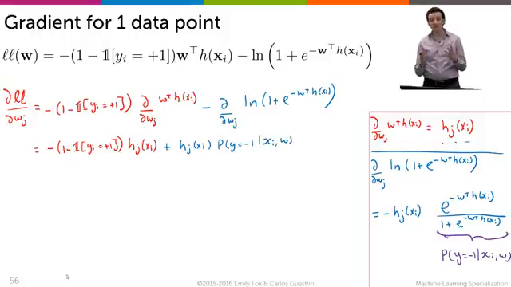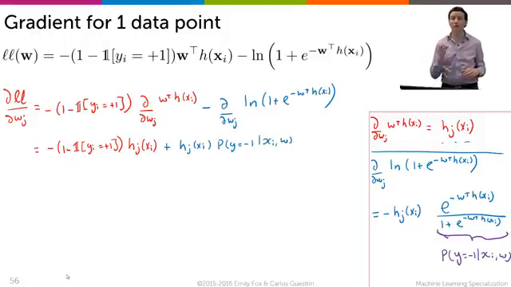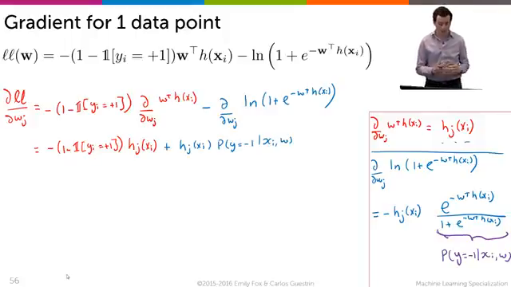Now I'm going to skip a few steps that you're going to do at home. One of the core things is plugging in that the probability that y equals plus 1 is 1 minus the probability that y equals minus 1, and just moving a bunch of stuff around.